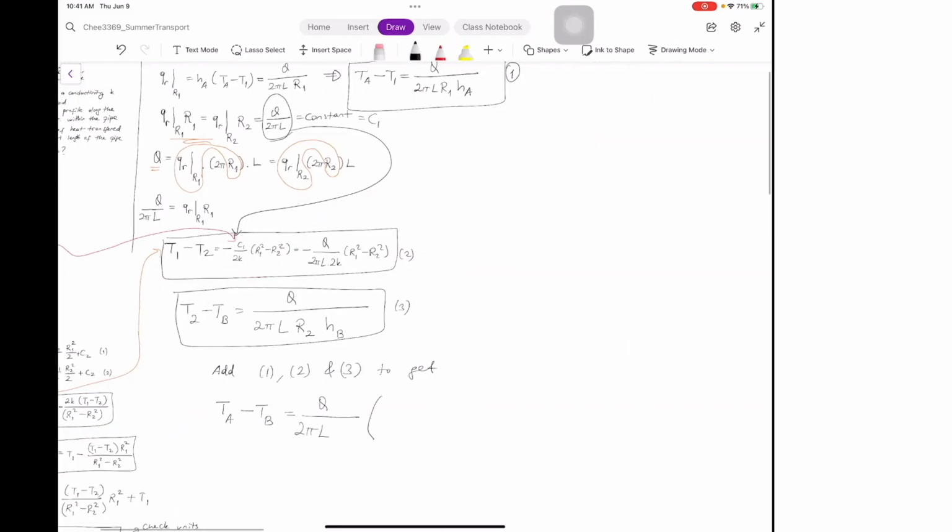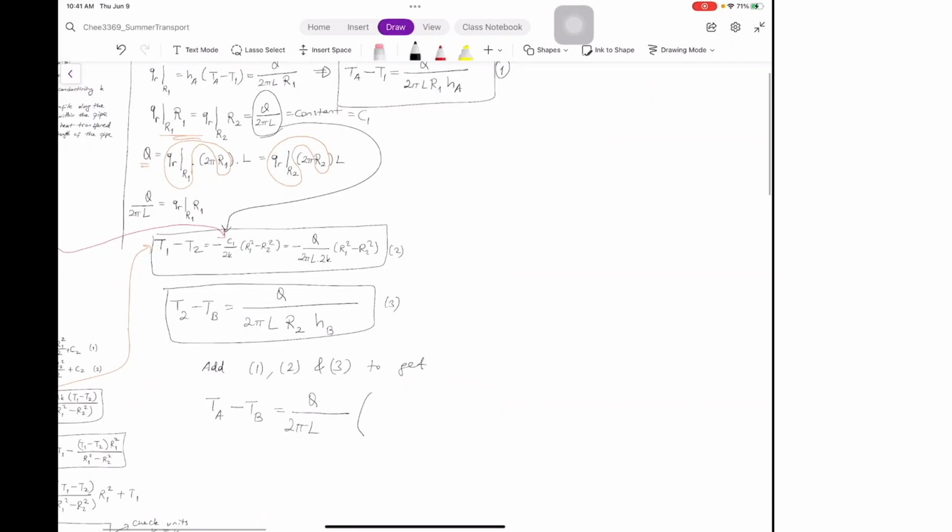And then you have 1 over R1 HA plus, this is minus, but I'm going to make it plus by actually switching these R1 and R2.